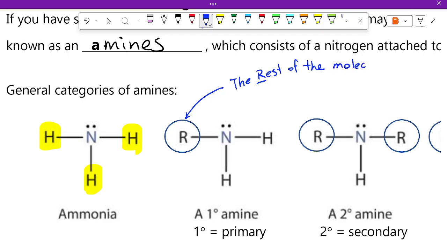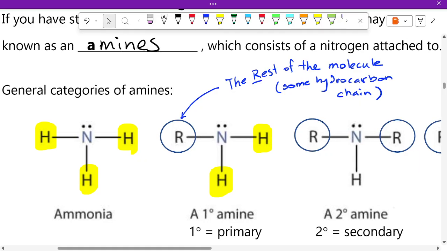It's going to be some hydrocarbon chain of some sort, maybe with some other functional groups on it, who knows. So you might have 3 hydrogens, you might have 2 hydrogens, which gives you an NH2 attached to some stuff.